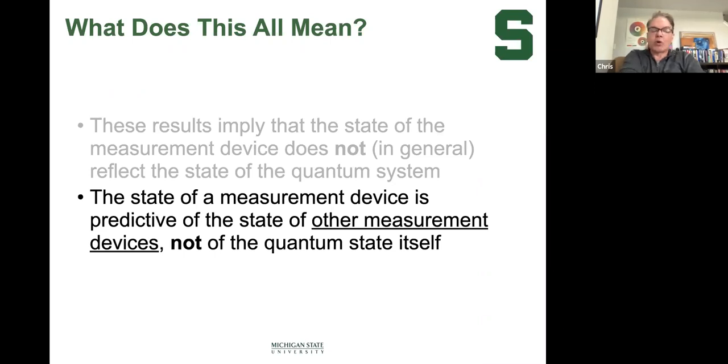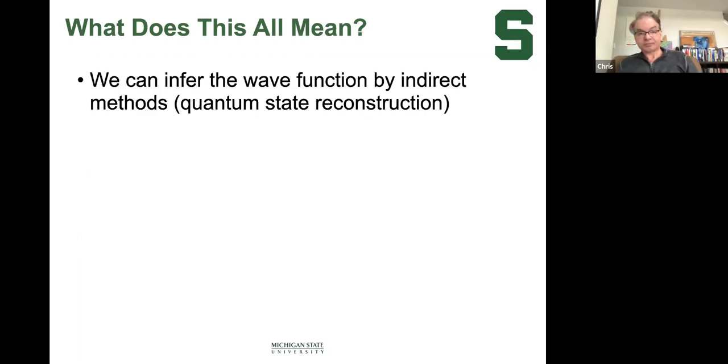So this is what this whole idea about relative state description, which is essentially Everett's description of quantum measurement, is. The only thing in a sense that you can ascertain is relative states between different measurement devices. That's what you can have. But you can't actually make statements about the state of the quantum state itself.